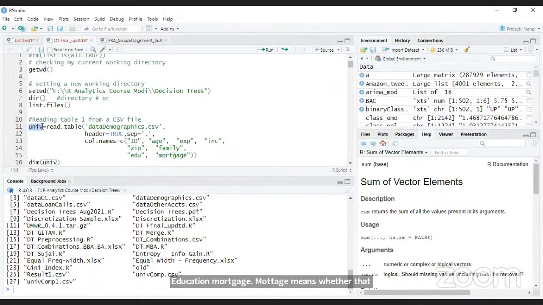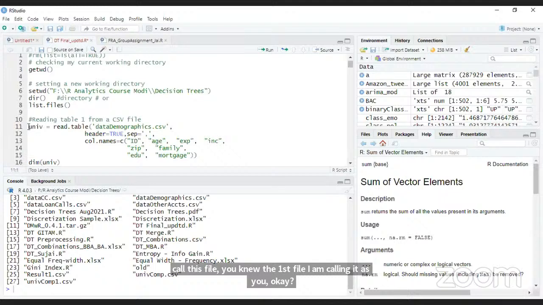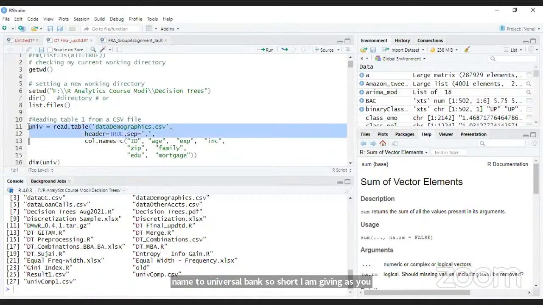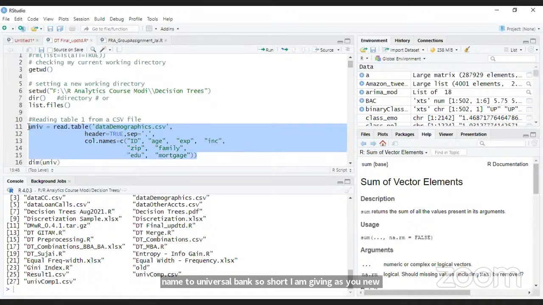And I call this file univ. The first file I am calling it as univ, because this is a bank's data set. I have changed the name to universal bank, so shortcut I am giving as univ. Because I use this n number of times, I am a little bit lazy.